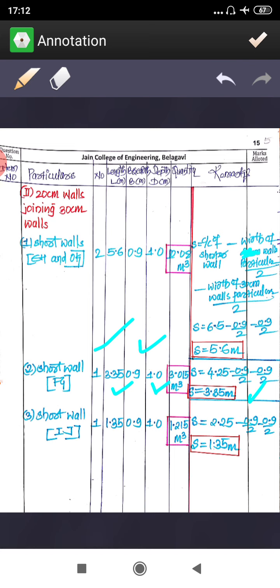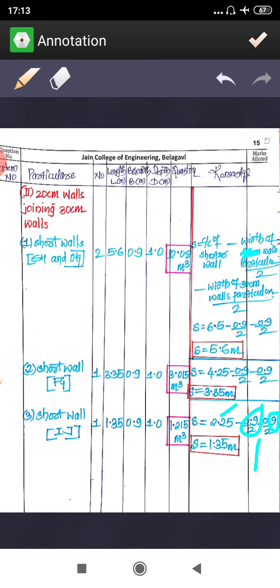The one more shorter wall, that is IJ, it is also having the same case, that it is one side it is having 30 centimeter wall and another side it is having 20 centimeter walls details. So here also the same thing is that, see that center to center of shorter wall here IJ is 2.25 minus 0.9 by 2 minus 0.9 by 2.